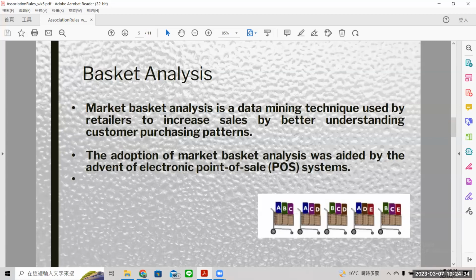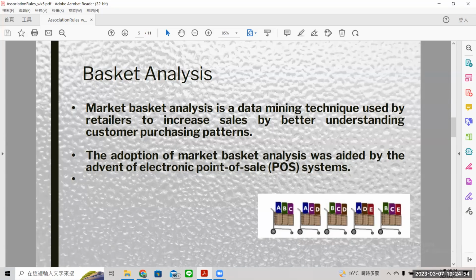And this is very common and very popular in data mining, in market basket analysis. Actually, I think it comes from the United States, about the 1970s or 80s. What is market basket analysis?